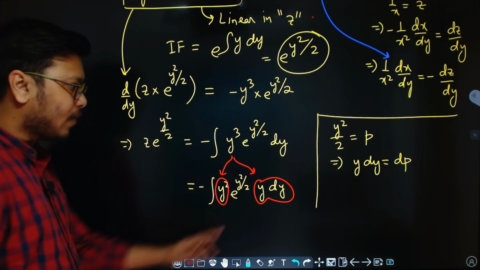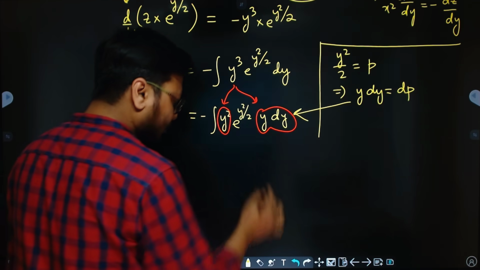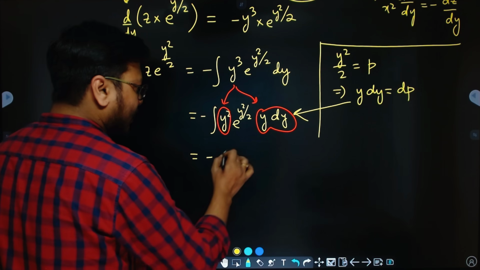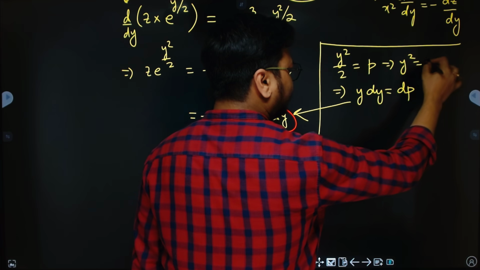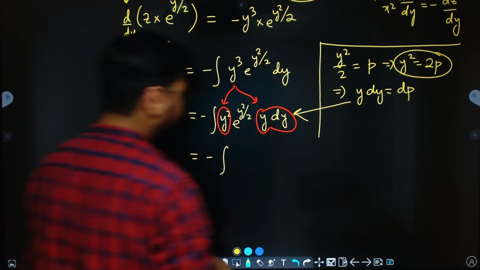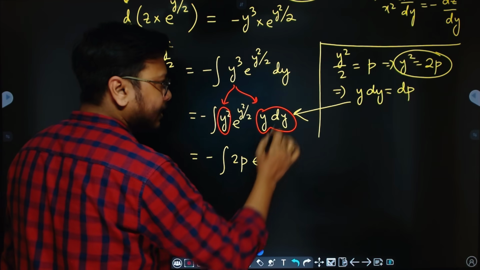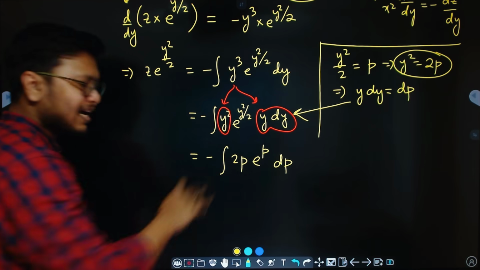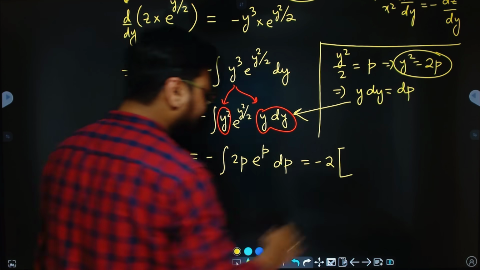This portion y dy is going to come from our substitution. So if I do that substitution, I have y square. From here I can say y square is 2p, right? Y square is 2p. So I can write 2p e to the power p dp. So again, a simple by parts over here, minus 2 goes common.